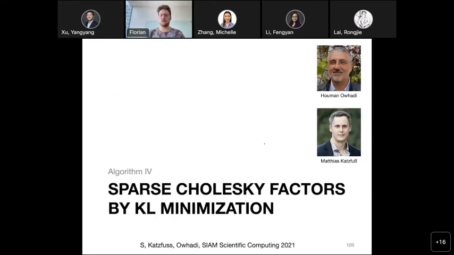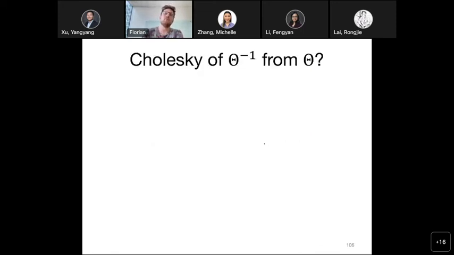And now the last point that I want to talk about in a bit more detail is an approach for the sparse Cholesky factorization based on KL minimization. So we've just seen that we were able to compute sparse Cholesky factors of theta by doing this incomplete Cholesky factorization on theta.